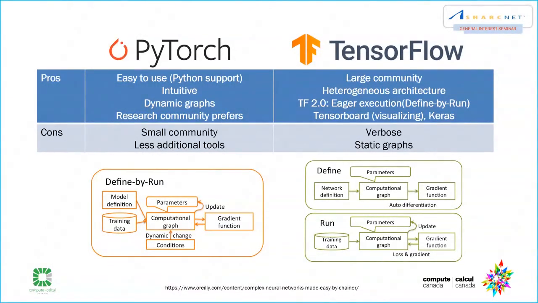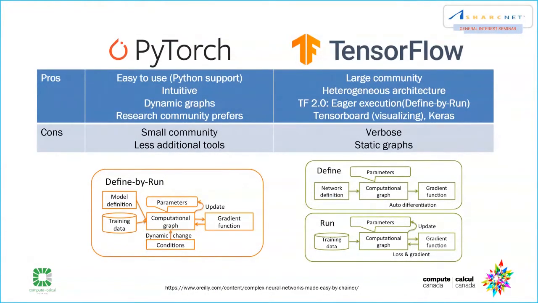But TensorFlow is also moving toward dynamic graphs by adopting eager execution. However, TensorFlow has Tensorboard, which I'm going to show you later. The visualization is beautiful. PyTorch is growing, but its community is still relatively smaller than TensorFlow's. So here are some definitions for define-by-run and define-and-run. You can probably see that.